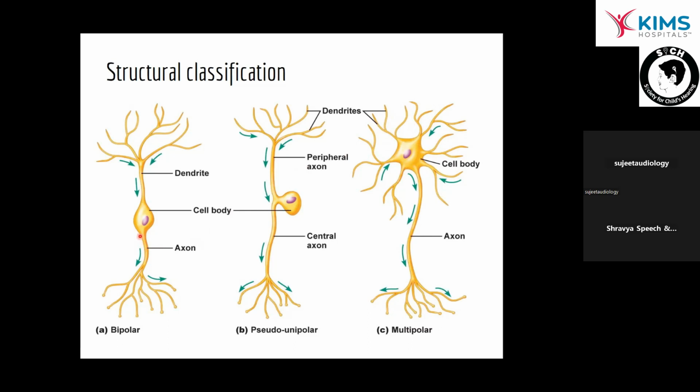Remember this. Auditory neurons are typically bipolar neurons, whereas the neurons which are located at the cochlear nucleus, SOC, lateral lemniscus, or auditory cortex are all multipolar neurons. There are some variations in the size and the shape of the cell body at different levels, but basically they all are multipolar neurons.